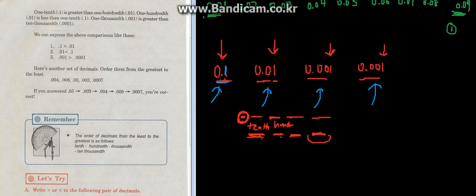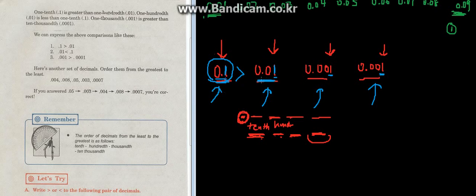The 10th place is greater than the 100th place, the 1000th place, and the 10,000th place. So this number which has the 1 in the 10th place is greater than this number which has the 1 in the 100th place. So like that, 1/10 is greater than 1/100.